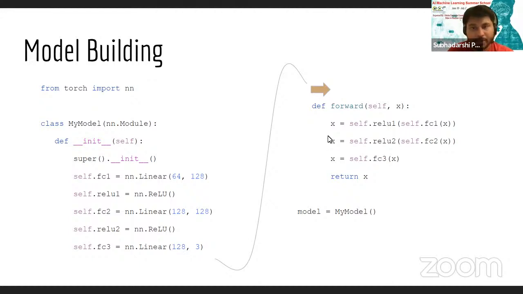If we do the calculation, X should be of dimension 64 in this case. It gets transformed to a 128 dimensional vector. And then from the 128 dimensional vector, it again gets transformed to the same number of dimensions, 128. And finally, after passing through FC3, it gets transformed into a three-dimensional vector, and that's what is returned here.